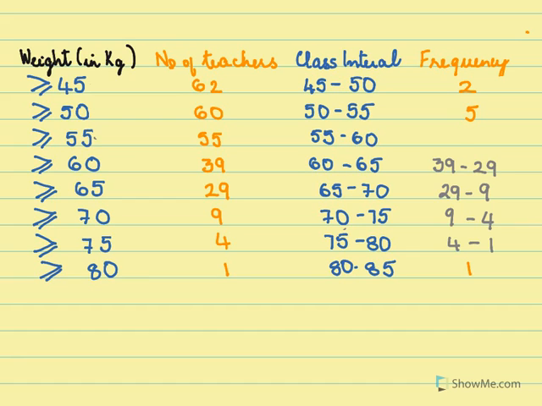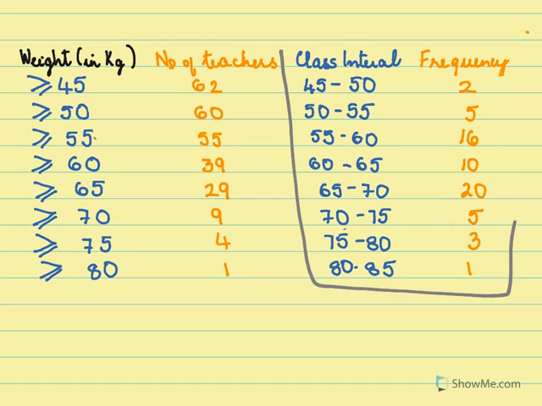Then 55 and 39 subtraction, you'll get 16. And 39 to 29 will be 10. 29 minus 9, 20. 9 minus 4 will be 5. 4 minus 1, 3, and then 1.